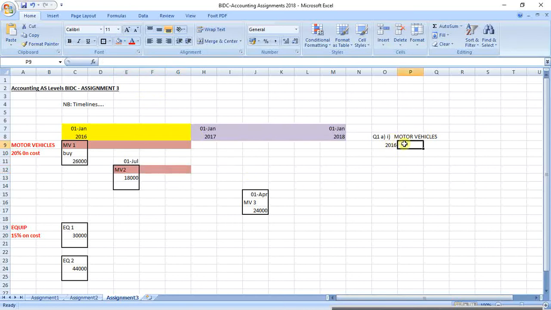Okay, so depreciation in 2016 equals brackets, Asset 1, 26,000 times 20%, close bracket, plus, open bracket. This one, 18,000 times 20% times how many months?